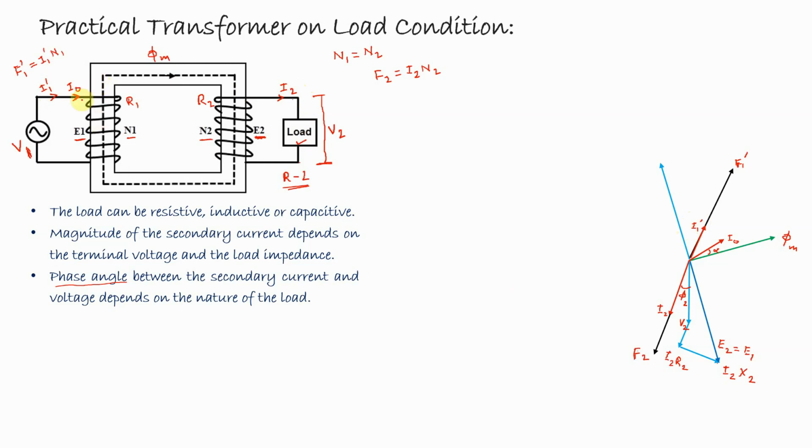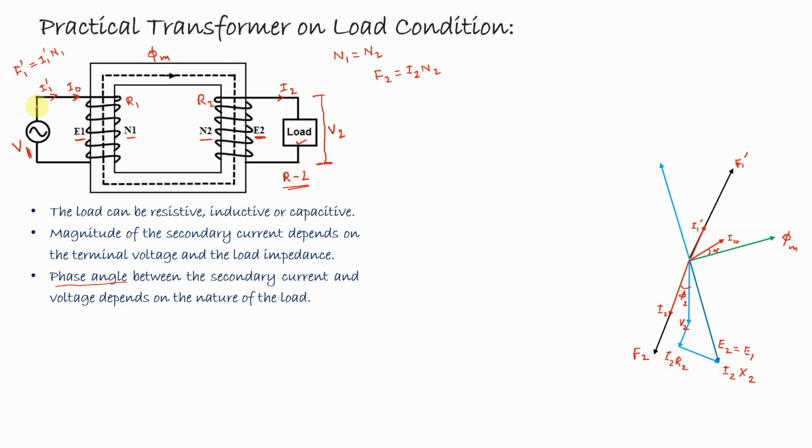So now in this case, in the primary winding, two different currents are flowing. I naught, which is called the no load current, will always flow in the primary side, whether the transformer secondary is connected across the load or not. But I1 dash will flow when the secondary side is loaded.